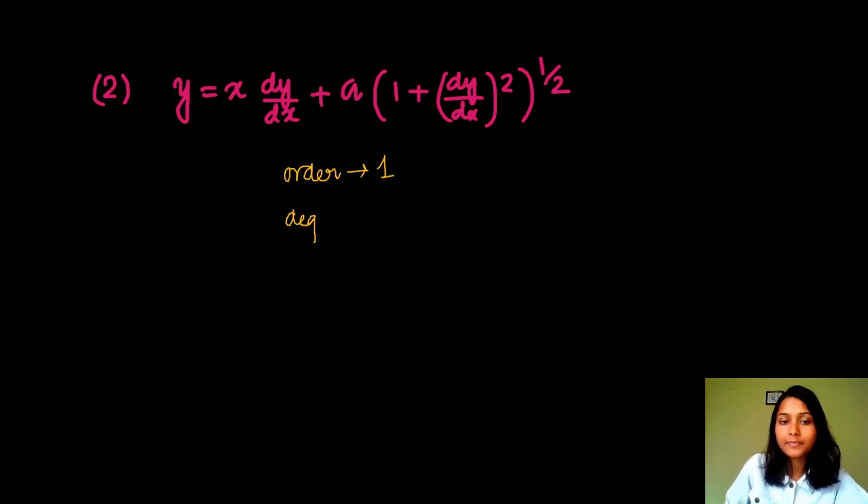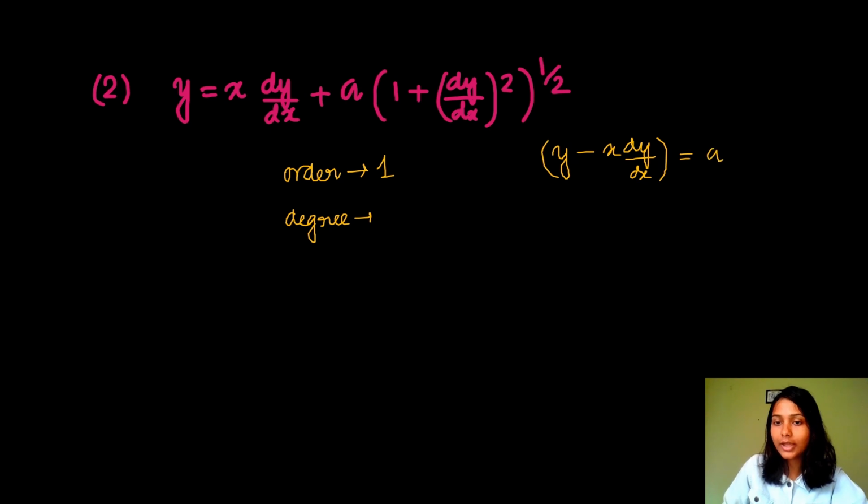For degree, there is a radical term, as there is power half. So we need to remove it. How can we remove it? We can do it like this: dy/dx equals a into (1 plus (dy/dx) square) to the power half.